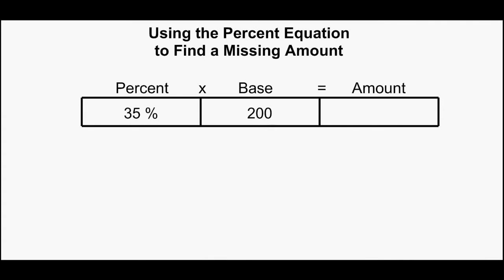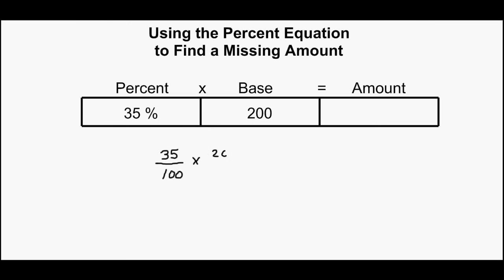Let's try another example. Here, our percent is 35%, our base is 200, and we have a missing amount. Let's take the fraction form of the percent. You may use either the fraction or the decimal form, and multiply it by the base.